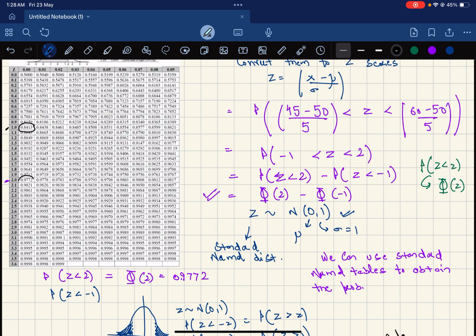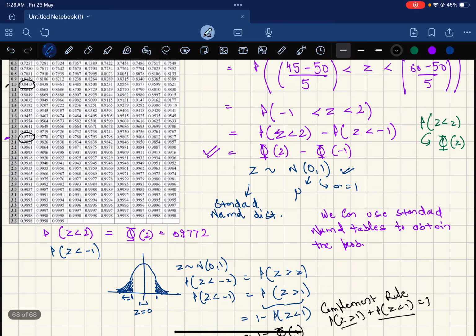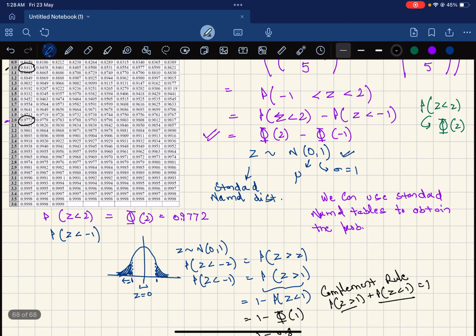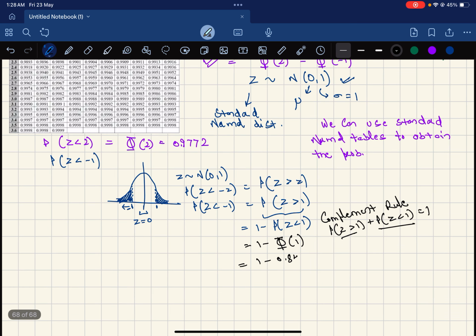Earlier we used this particular value 0.9772. So now writing 0.8413, this comes out to be 0.1587. So this is the value of P(Z < -1).